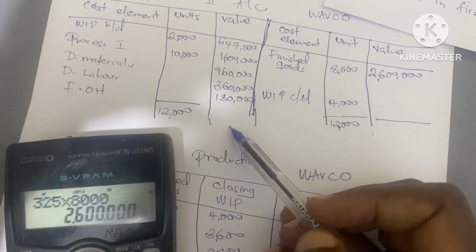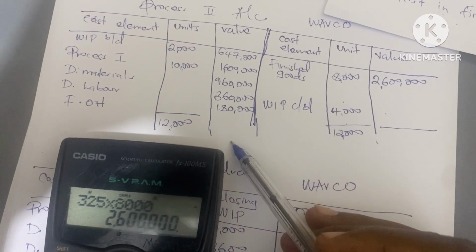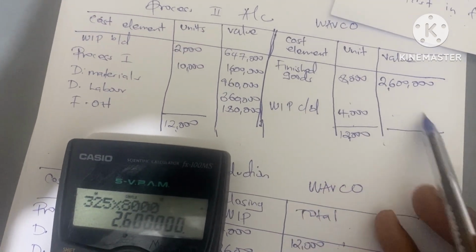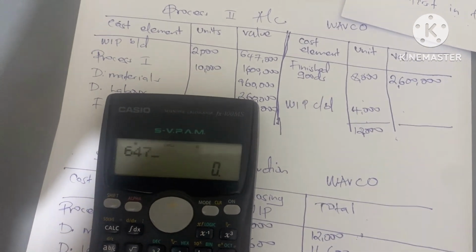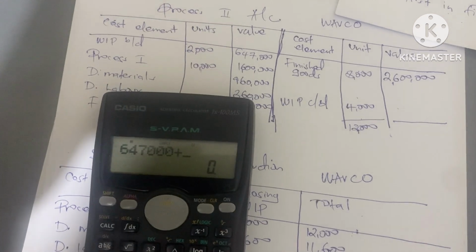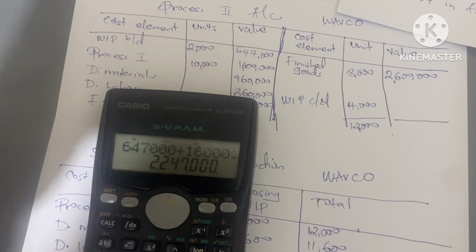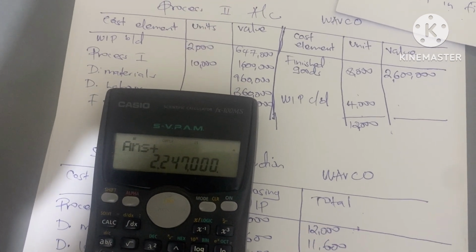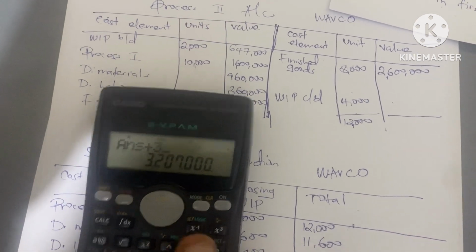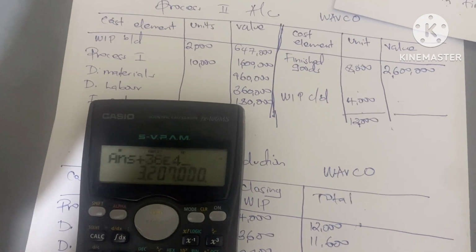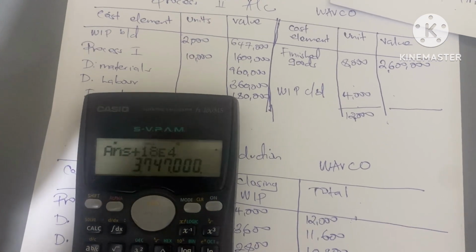Then the value for work in progress, you can either do it the other way or just add this. You just add this minus this to get what to put here. So it can be 64700 plus 1600 plus 960 plus 360 plus 180.